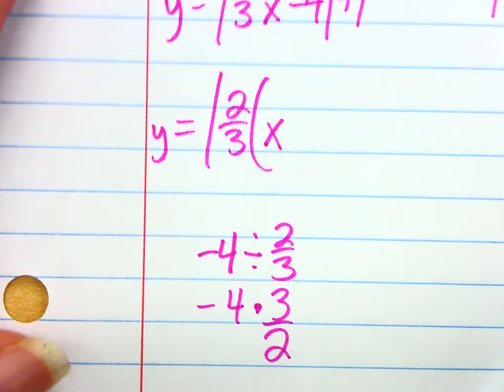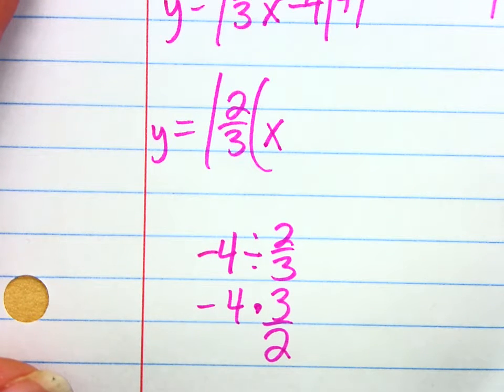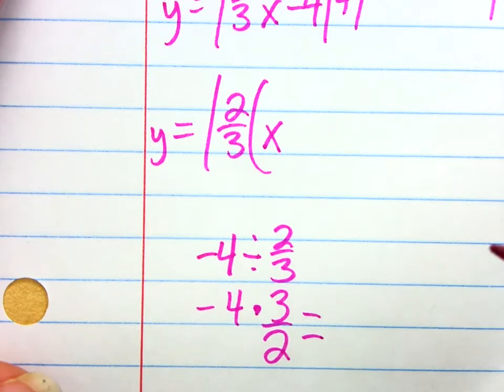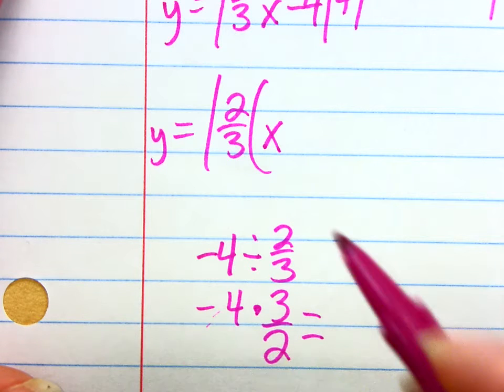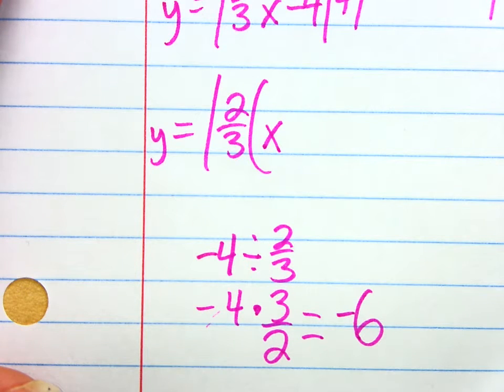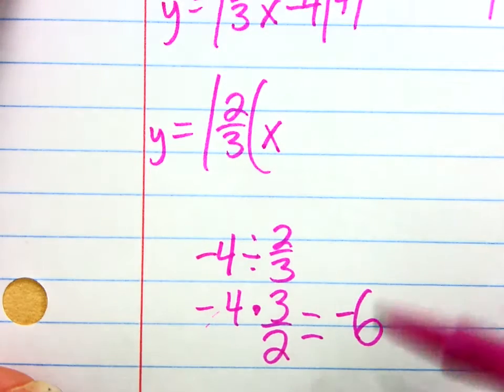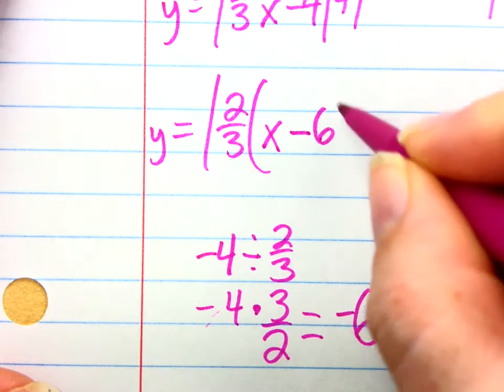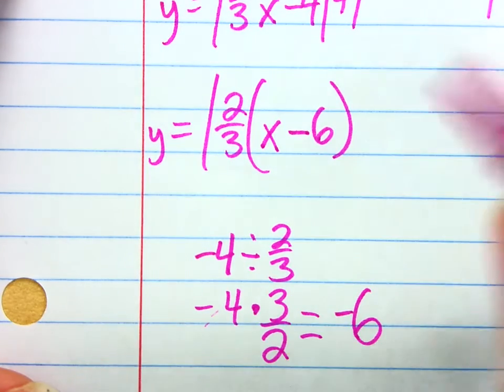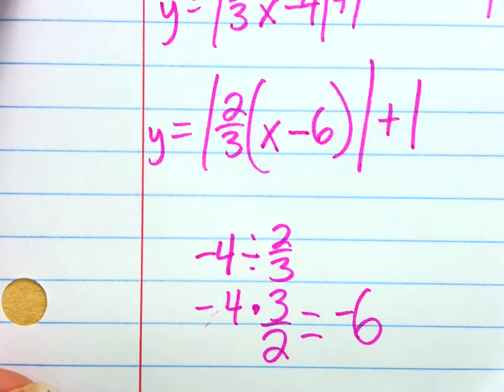So I'm really doing negative 4 times 3 over 2, which is just negative 6. Remember what you can do? You can cancel the negative 4 and the 2. You get negative 2 times 3 is negative 6. Oh, it won't always turn out so nice. But that's not that bad. So negative 4 divided by 2/3 gets you a negative 6. So negative 6 is left over right there. And then plus the 1.